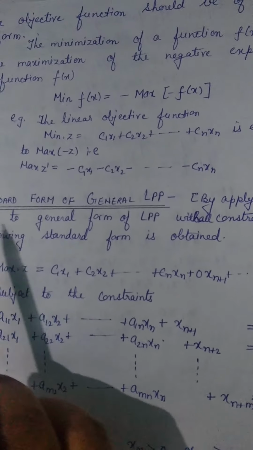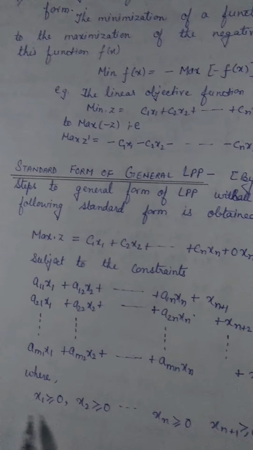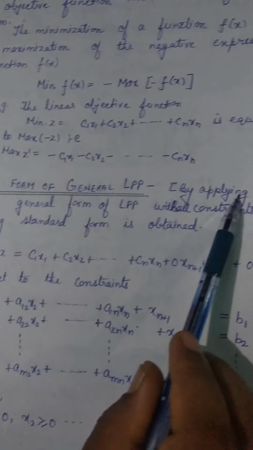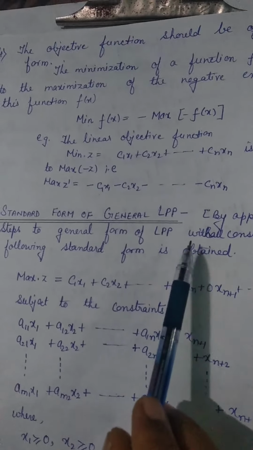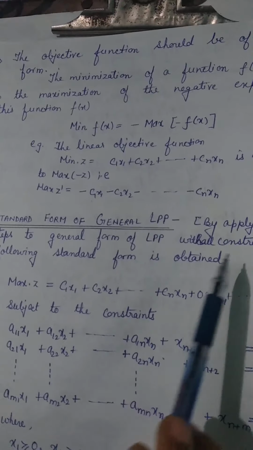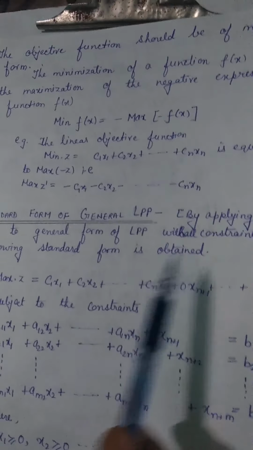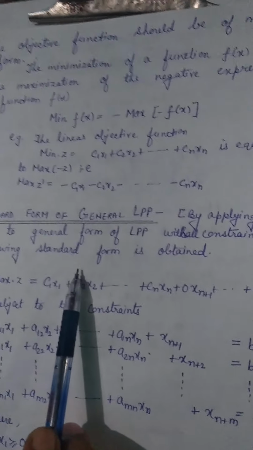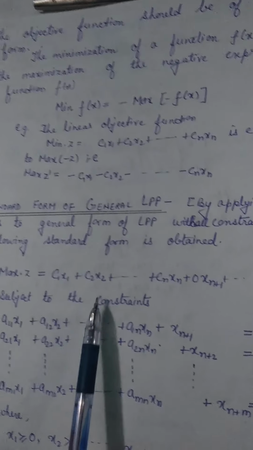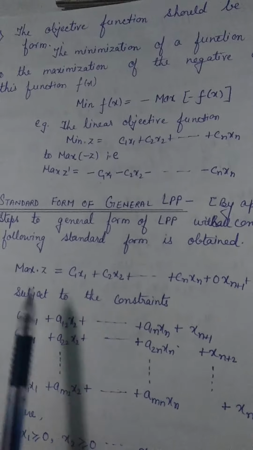So what is the standard form of general linear programming problem? By applying the above steps to the general form of linear programming problem with all constraints, the following form is obtained, which is the standard form.